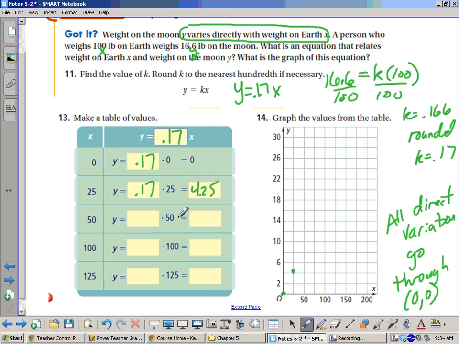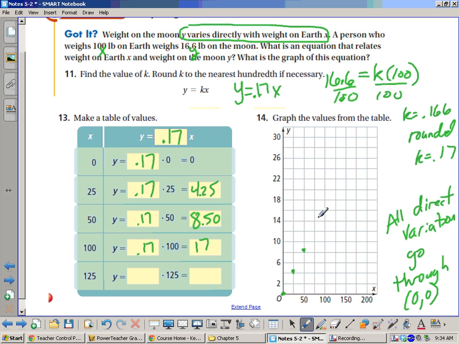Now x equals 50. We're going to get 8.5. So 0.17 times 50 is 8.5. So 50 and 8.5 will be right about there. 100 is going to give us 17.